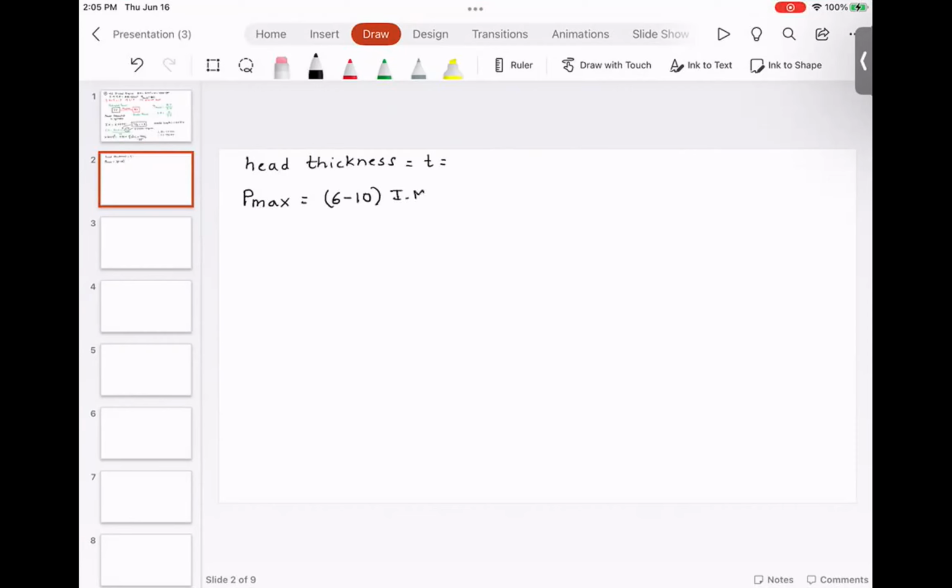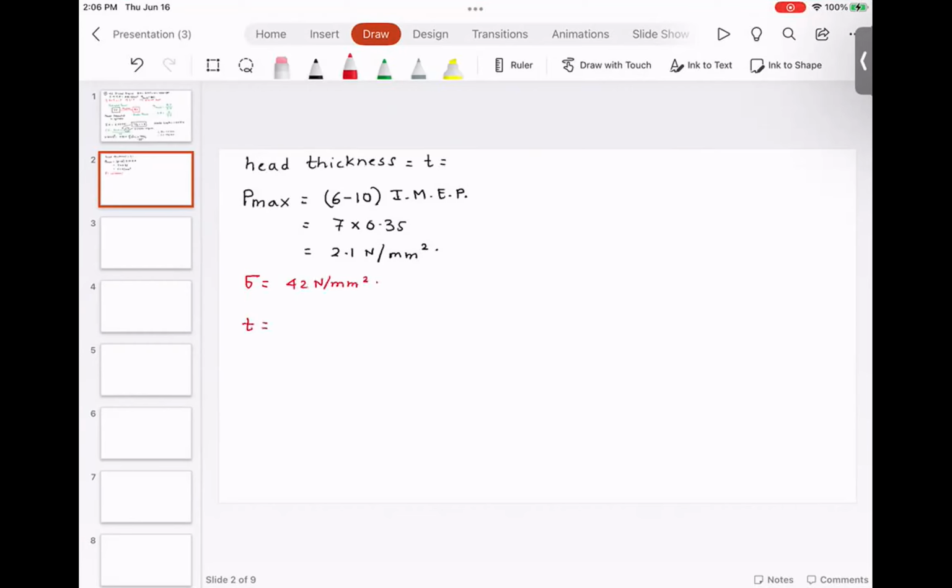I'm going to assume it to be 7, and I'm going to assume sigma is equal to 42 Newton per millimeter square.